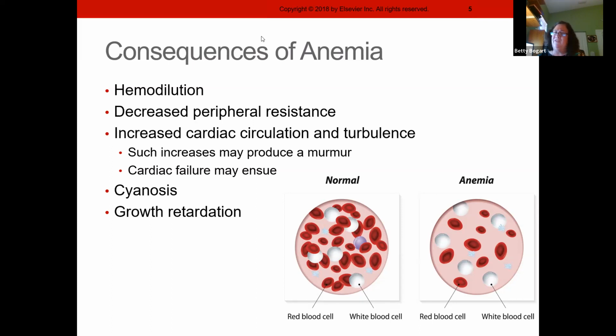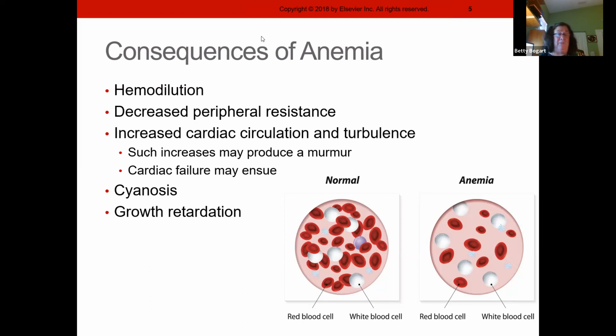So we might have started out with a hemoglobin and hematocrit of 6 and 18, but by the time we give extra fluid to give volume to the circulatory system, you might be down to 4 and 12. So think of that as you are giving these boluses of fluid to patients who have lower hemoglobin and hematocrits, because it is that turbulence.